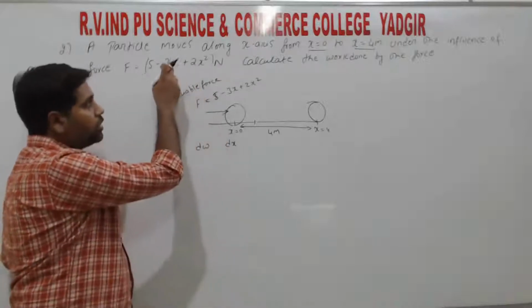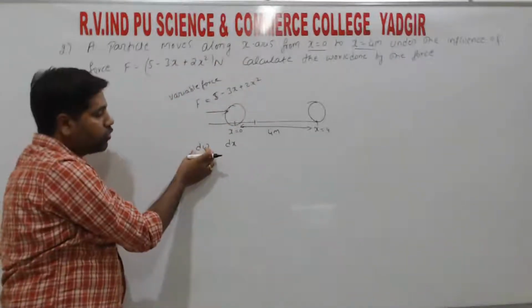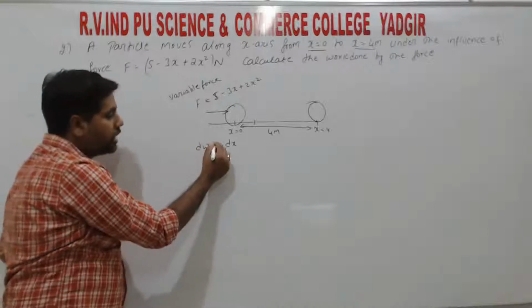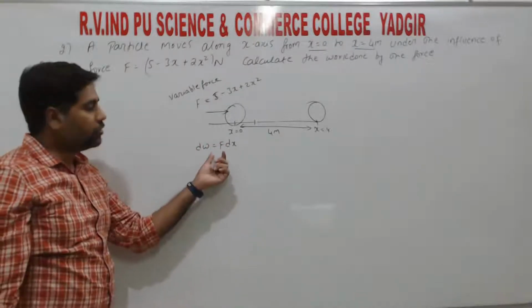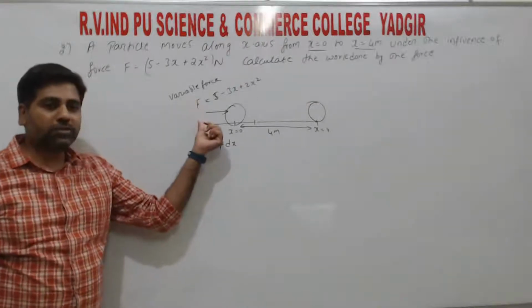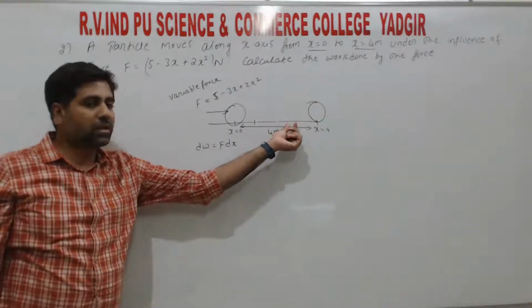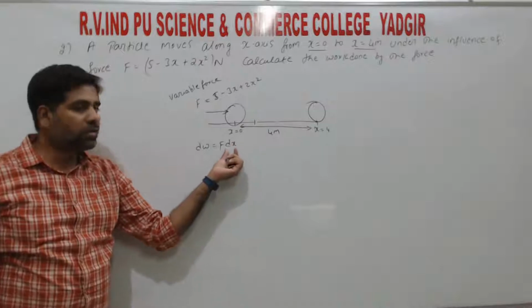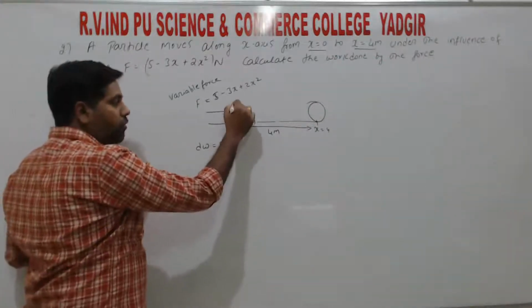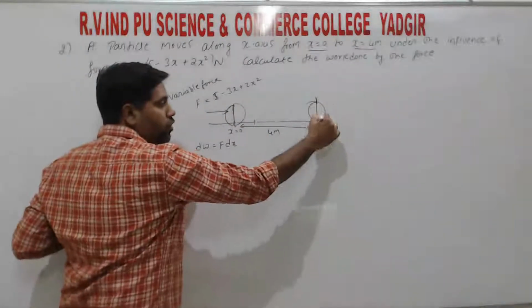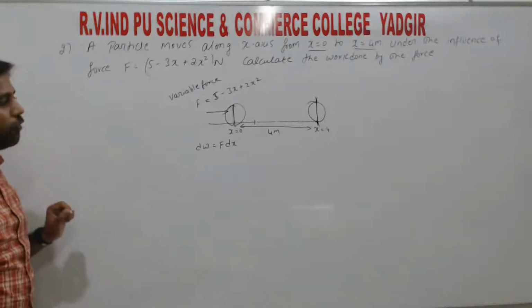So again from the definition of work done, the small change in work done is equal to force into small change in displacement. This is because the force is varying at every point. So initially we considered a small displacement, right? Now we need to find the total work done from x equals 0 to x equals 4, right?